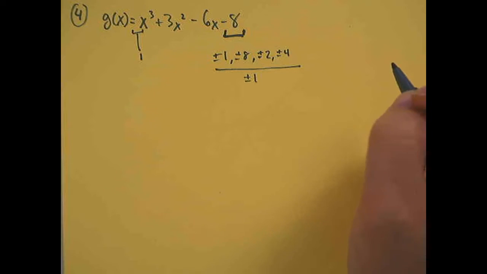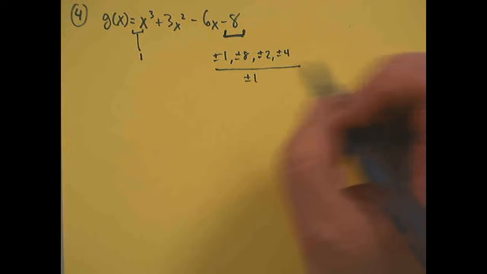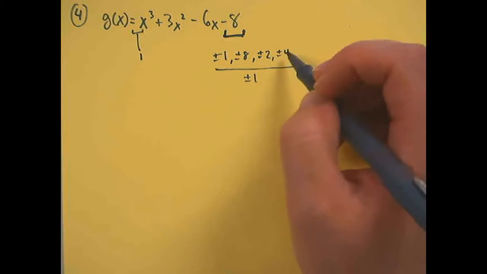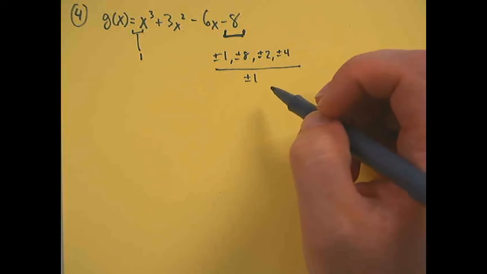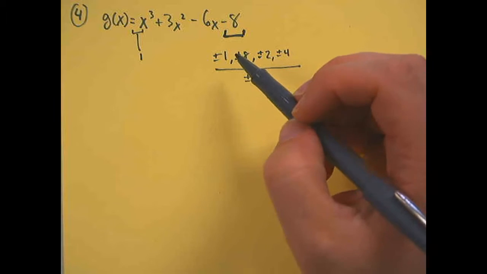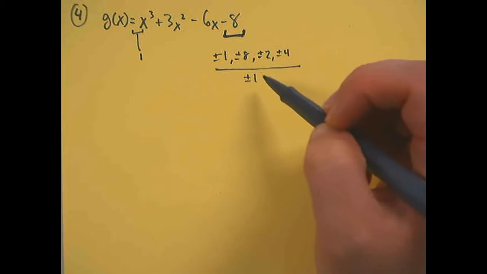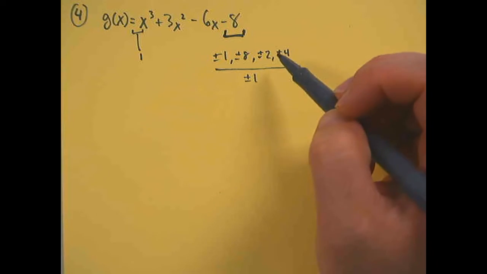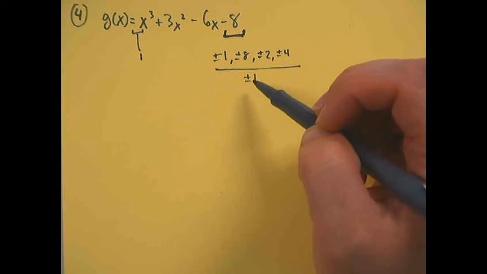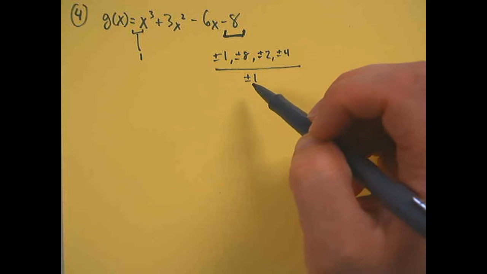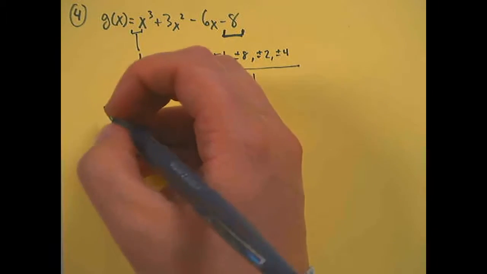So then all of our possible real or rational zeros are going to involve combinations of these different things here. So I could have 1 over 1, negative 1 over 1, 8 over 1, negative 8 over 1, 2 over 1, negative 2 over 1, and 4 over 1, negative 4 over 1.